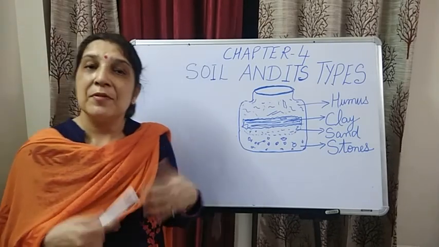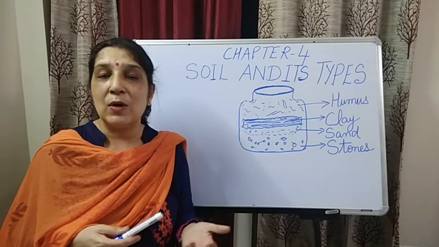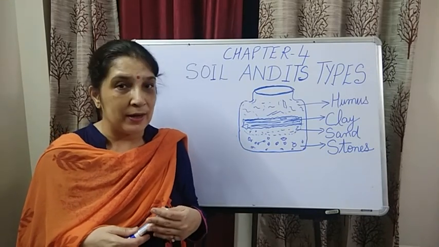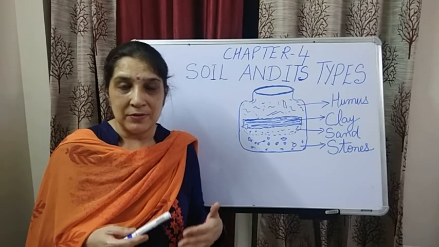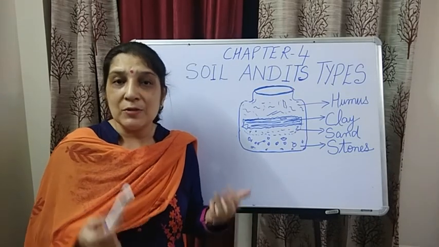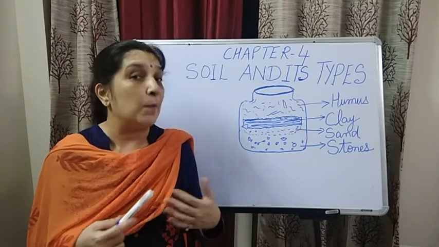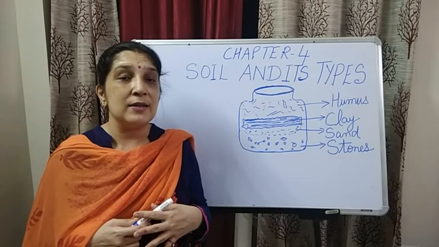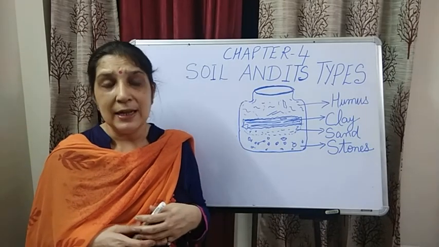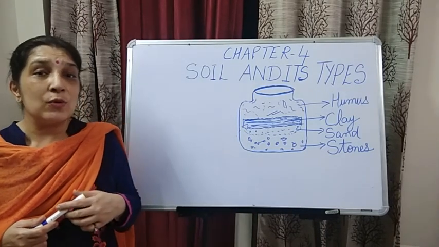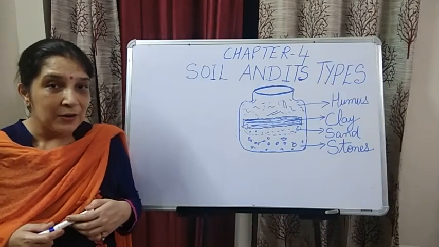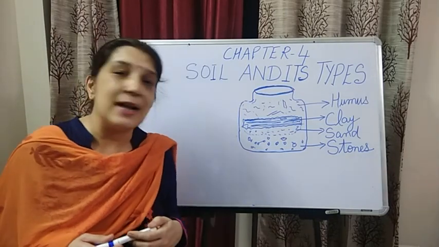And then we discussed the different types of soil. Children, you might have seen also that some soils are red, some are black, some are dark brown and some are light brown, right? And there are different types of soil. Which were those? Do you remember? The first one was sandy soil.